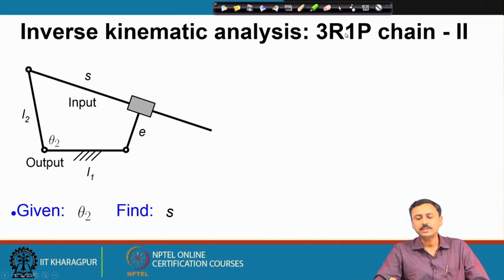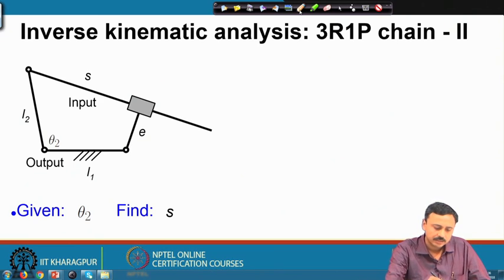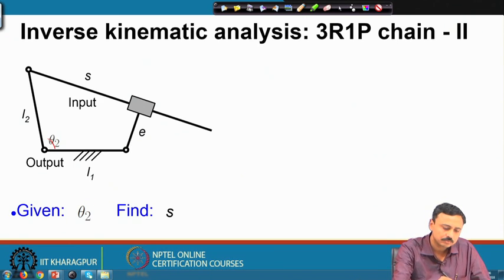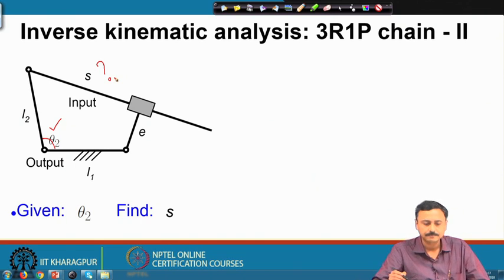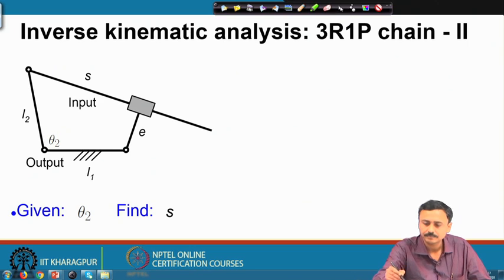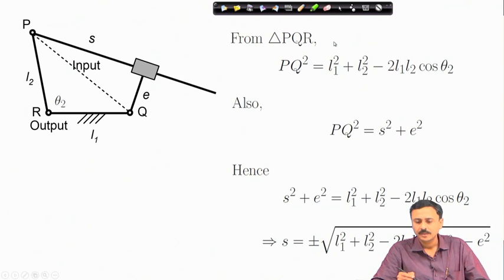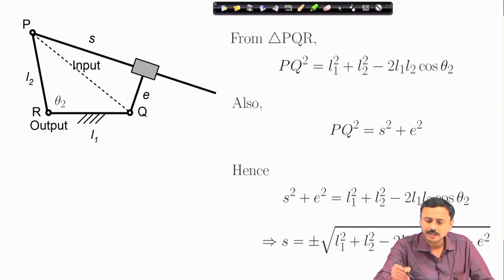Now, we go over to the inverse kinematic analysis of 3R1P chain type 2. Here we are given theta 2. So, this theta 2 is given, we have to find out S. Let us look at this triangle PQR.